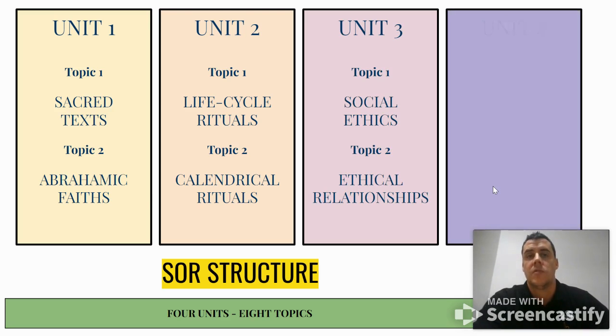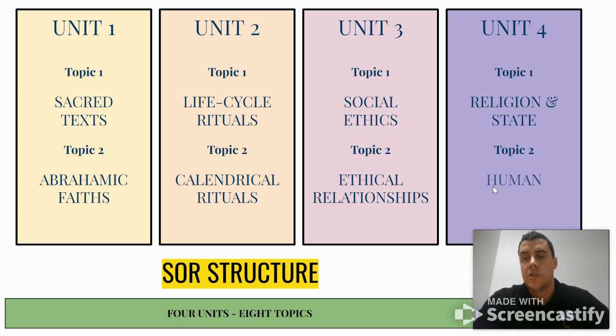And Unit 4 is religion and state, and then finally, religion and human rights. And that final unit is the one that the external examination is largely based upon. And you'll see that all of the other units trickle down and connect to topic 2 of Unit 4.